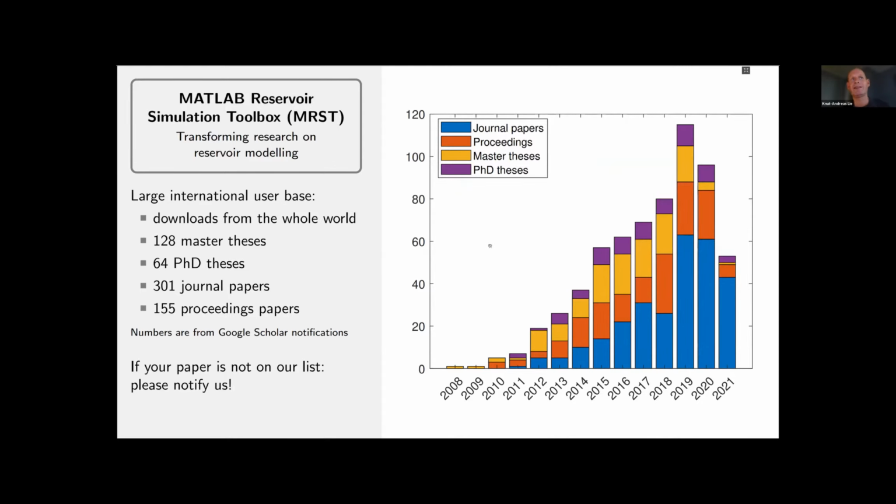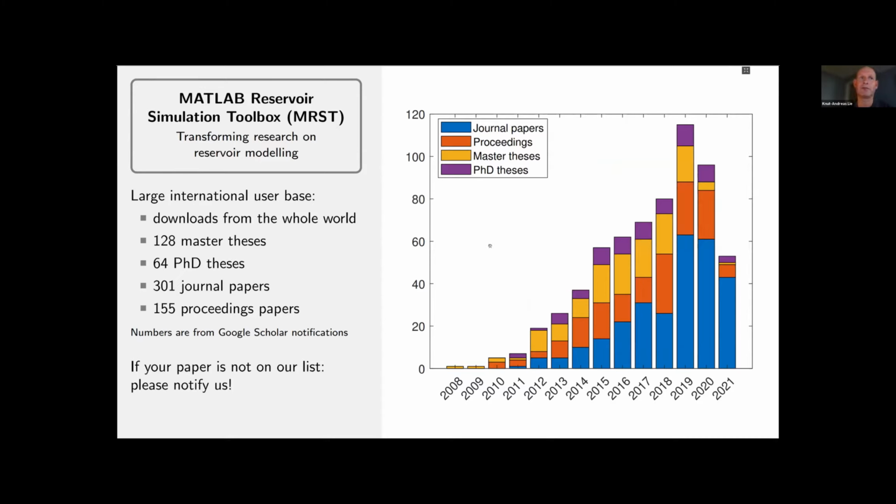When you release a software like this, you don't really know what your user base is. Well, there are some people who write us emails with questions, but we really don't know what people use it for. So we started collecting and tracking publications in which our software is used.